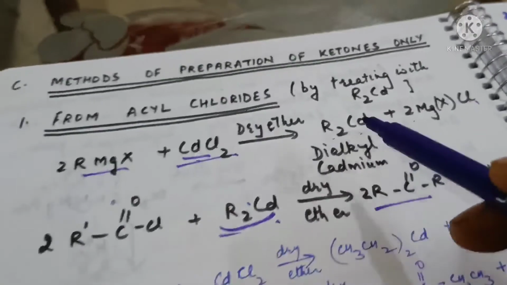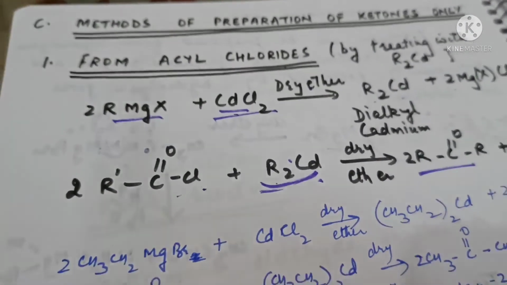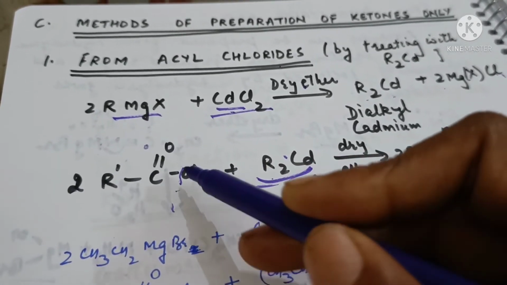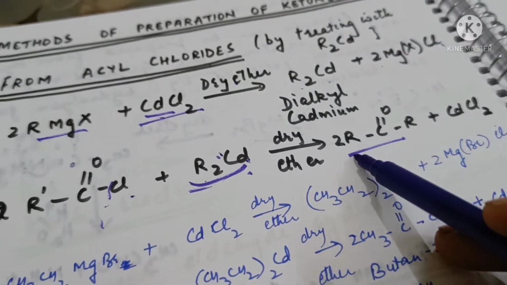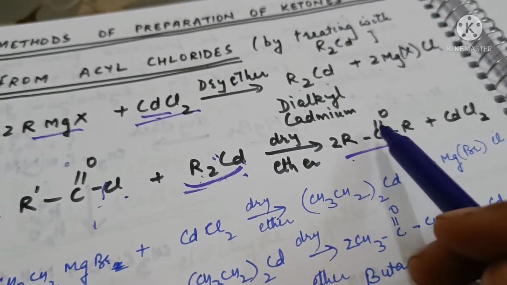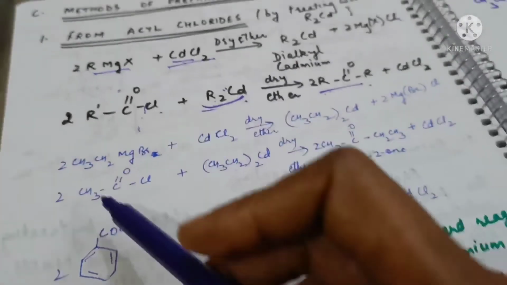Now this dialkyl cadmium reacts with acyl halide to form ketone. Two Cl of two acyl halides will react with cadmium to form cadmium chloride, and the two R get attached to two RCO groups to form two ketones.